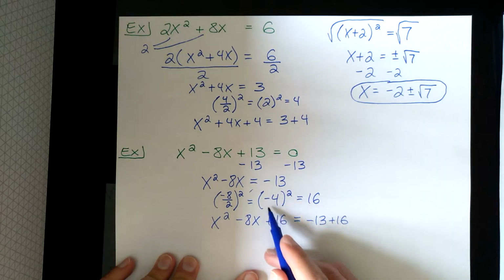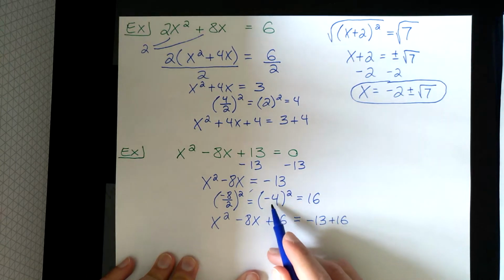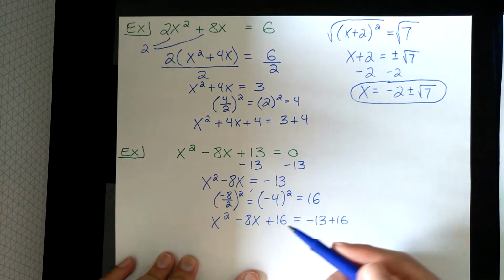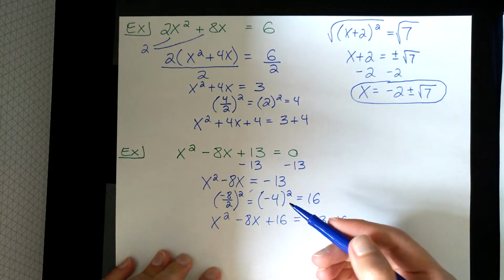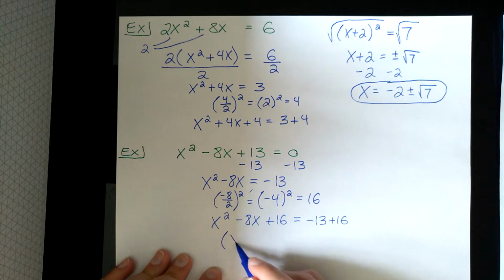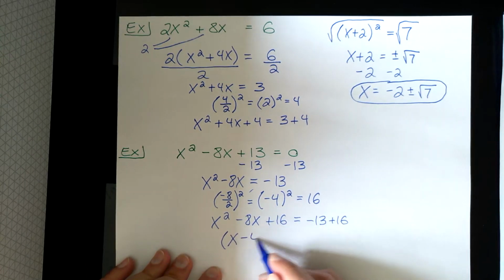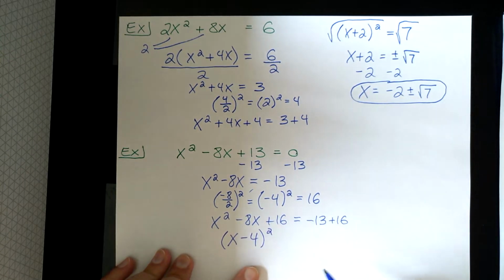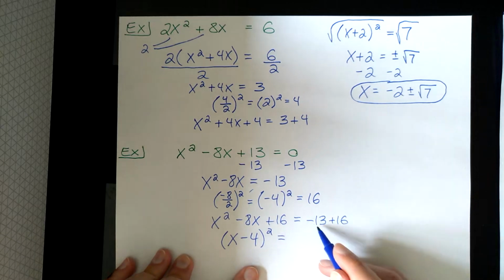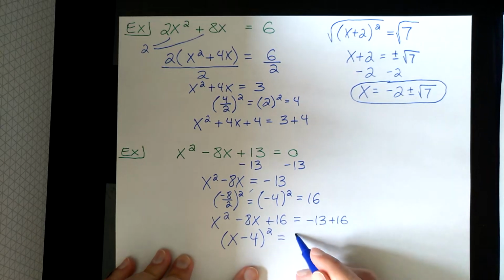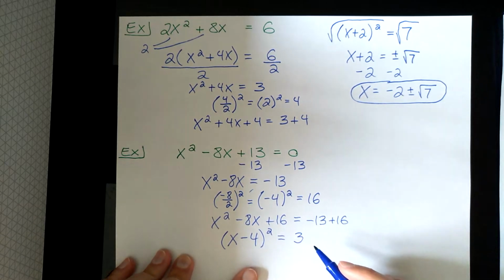And now what's inside the parentheses, this negative 4, is what goes inside the parentheses with the x when we factor. So we get (x minus 4) quantity squared equals negative 13 plus 16, which is positive 3.